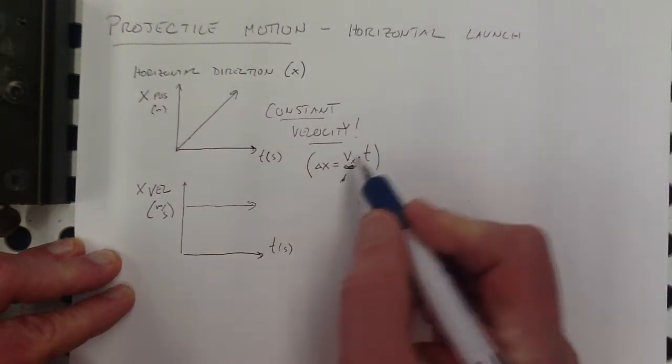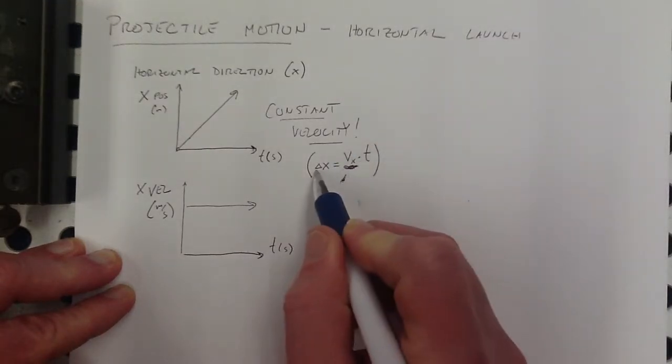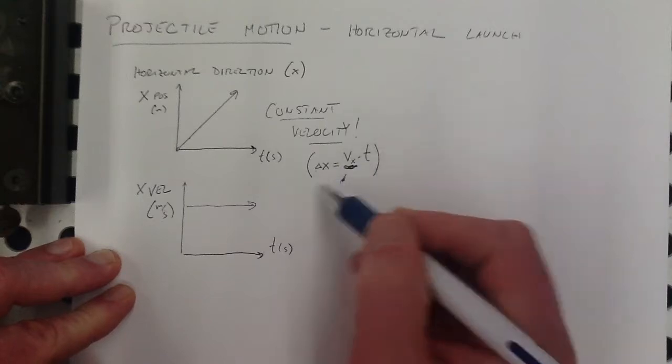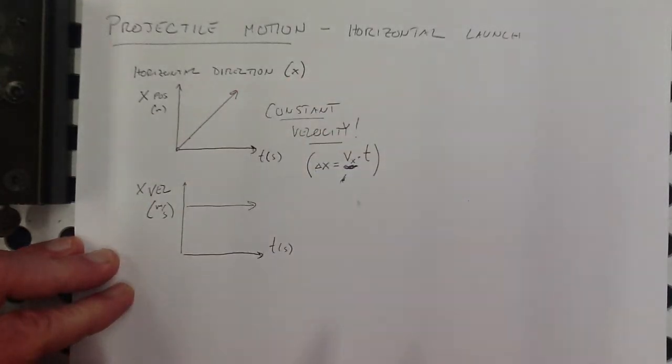Or, of course, Vx is equal to delta x over t, if you divided that over to the other side. And that's the only equation that you need to describe constant velocity.